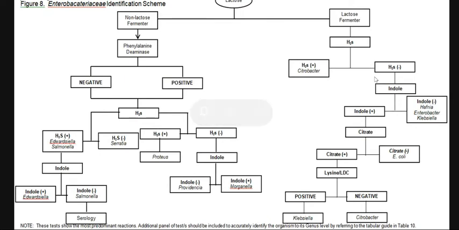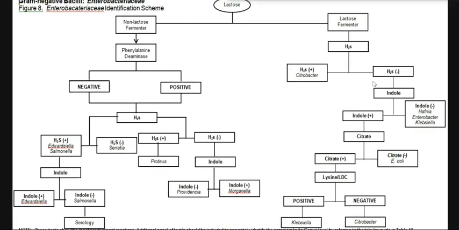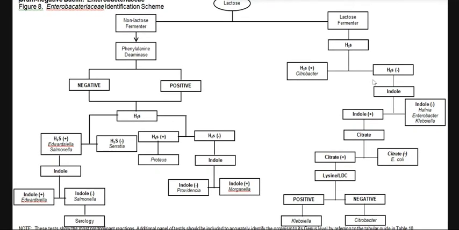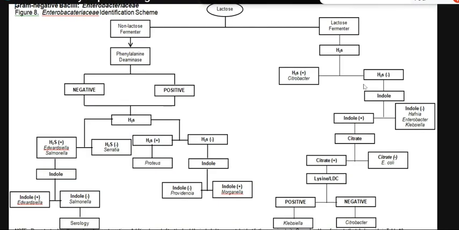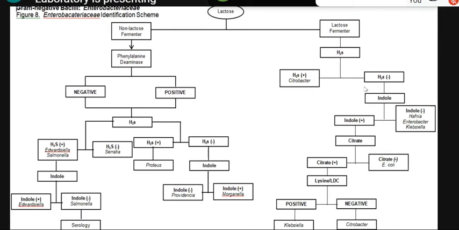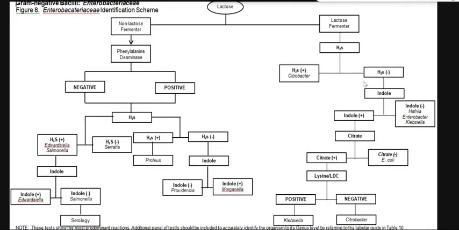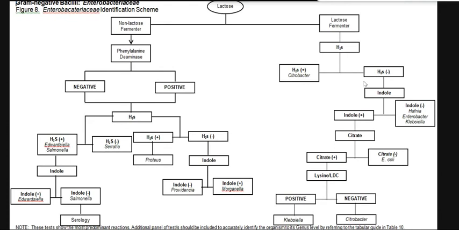But then again, there are also H2S negative, indole positive, citrate positive, with LDC or lysine decarboxylase negative, that may also be Citrobacter. So this would be very helpful in identifying a specific genus and species under the family Enterobacteriaceae. That would be for lactose fermenters.